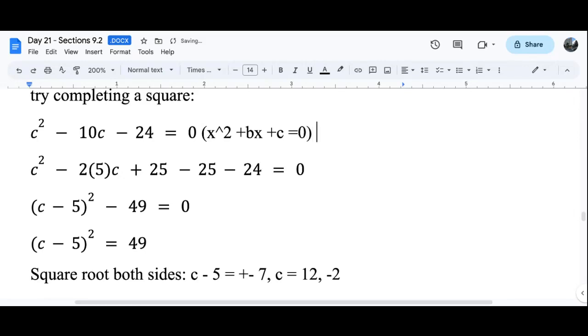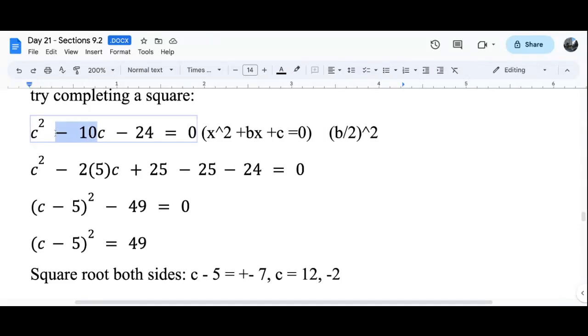We have this term, right? We said we just add and subtract b divided by 2, squared. So what's b here? b is negative 10. Negative 10 divided by 2, that's negative 5.